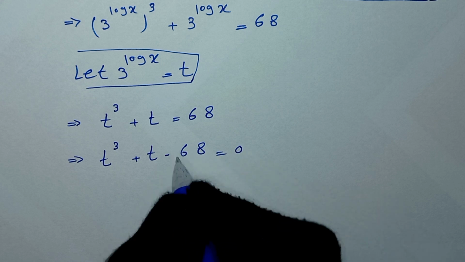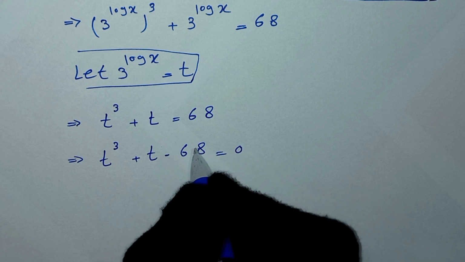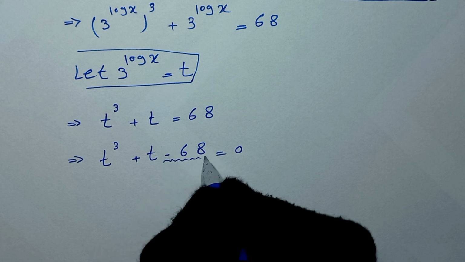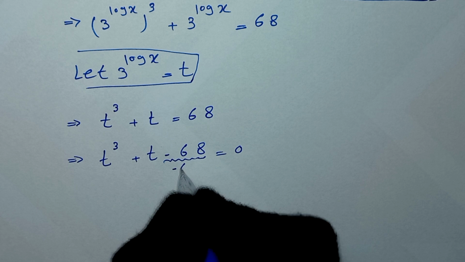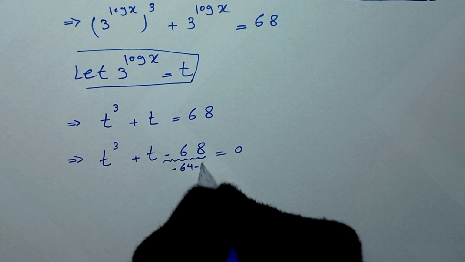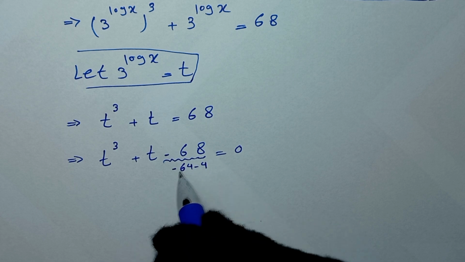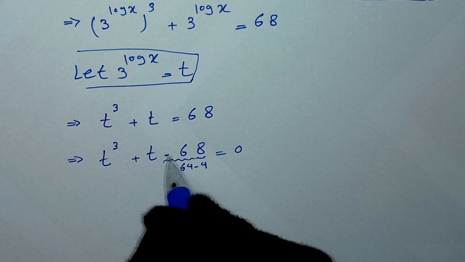Here we can write negative 68 as negative 64 minus 4, right? Negative 64 minus 4 is negative 68.